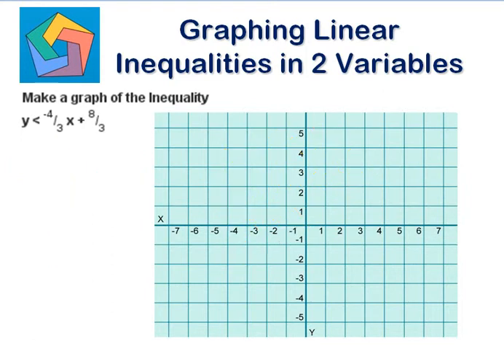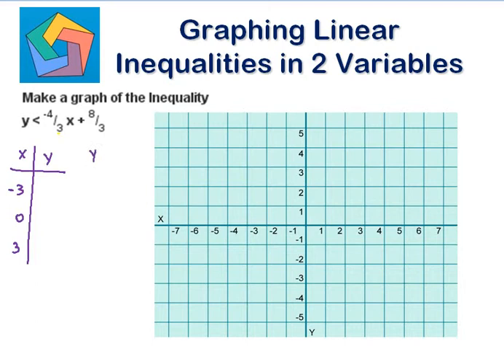Next problem. Make a graph of the inequality y is less than minus 4 over 3x plus 8 over 3. Let's prepare a t-chart. x, y. Let me take minus 3, 0, 3 so that my denominator cancels out.